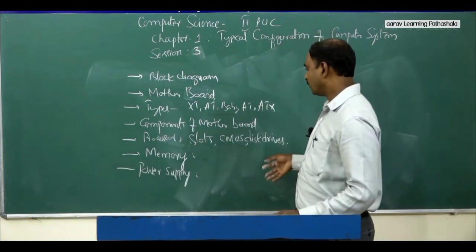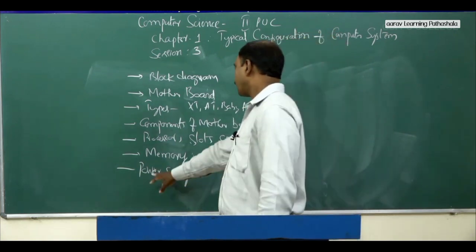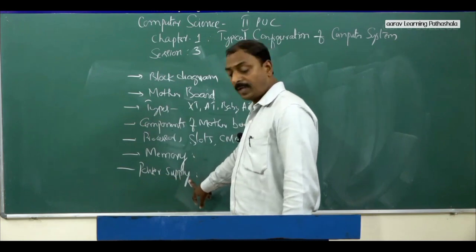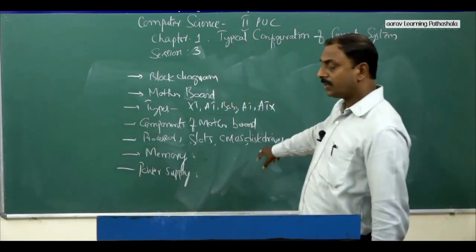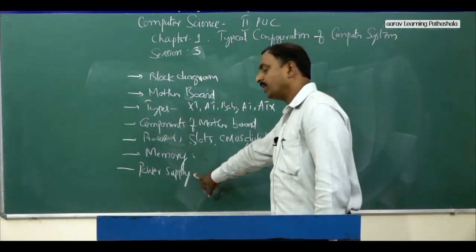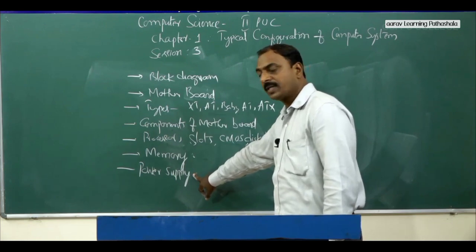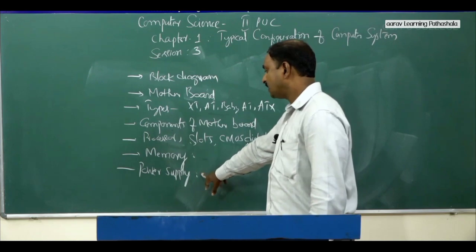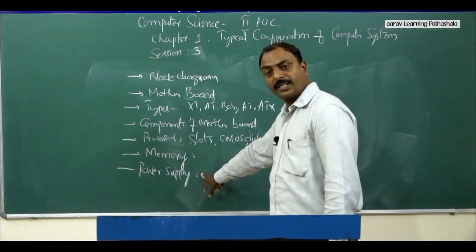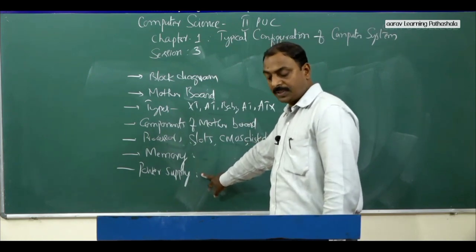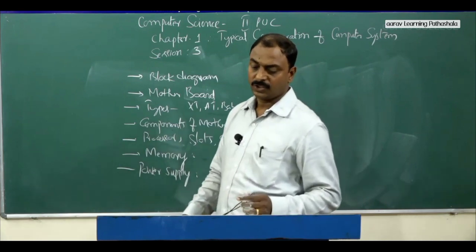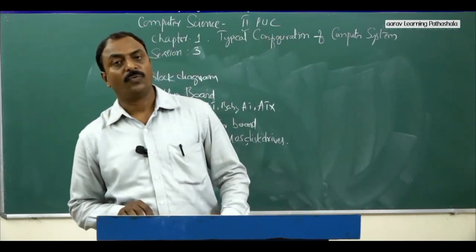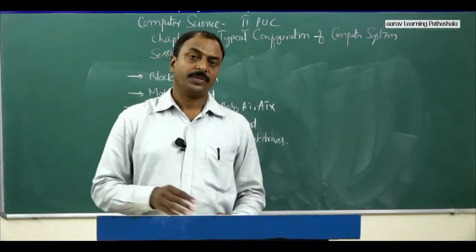Next we discussed power supply. This is the main thing, because if we want a computer to work properly, we need a continuous power supply. There are two types of power supply here. One is SMPS, and the second one is UPS. SMPS is a switch mode power supply which provides a continuous supply to the computer system.